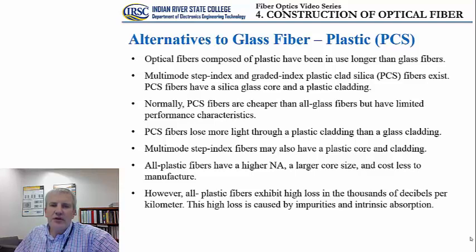These types of fibers are cheaper than the glass fibers, but they also have certain limited performance characteristics. Obviously plastic has more loss, so it's going to lose more light during propagation through that type of plastic-based core. In this case, we are talking about higher numerical aperture, larger core size, and lower cost compared to the glass-based optical fibers. So there's a whole bunch of advantages and disadvantages.